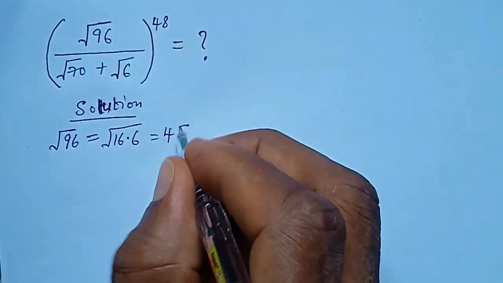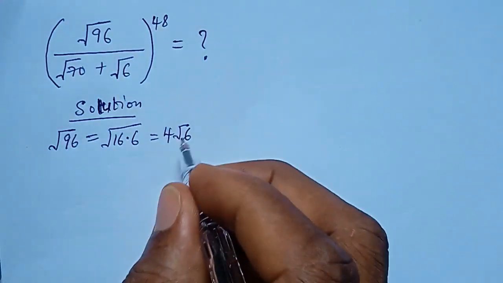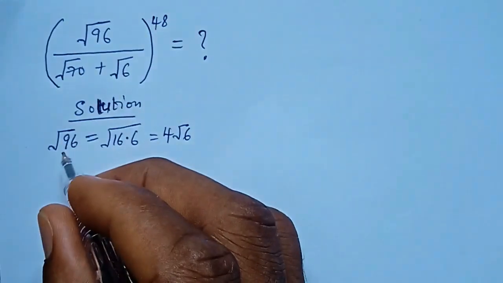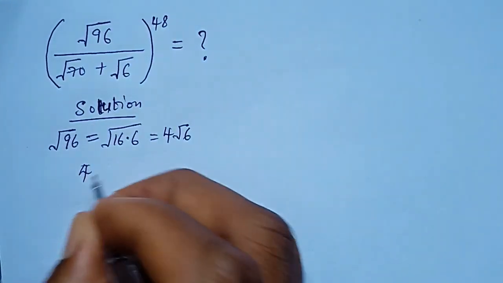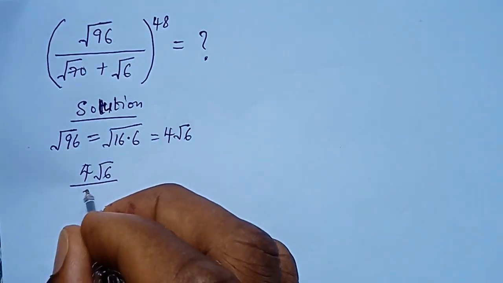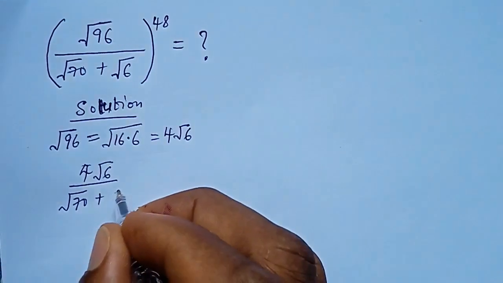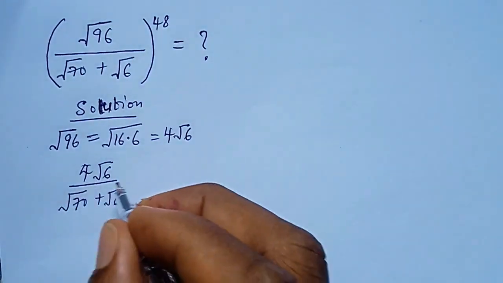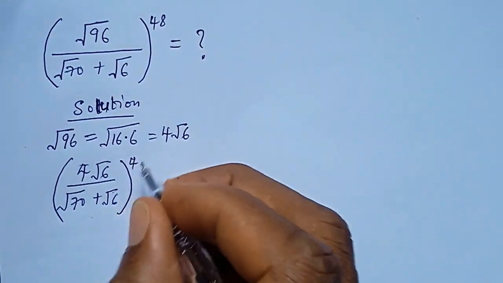So we input this in place of square root of 96, and our expression now becomes 4 square root of 6 over square root of 70 plus square root of 6, all in brackets to power 48.